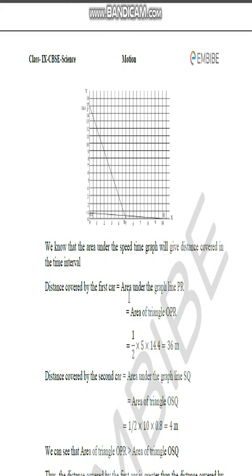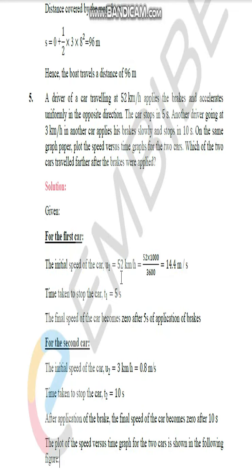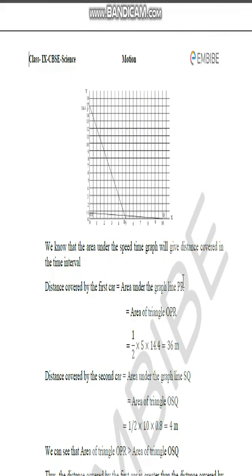For the first car, the brake is applied over 5 seconds, and for the second one the initial speed is 14.4. Here it is given 14.4. That's why I have mentioned 14.4 here. It created a triangle basically.